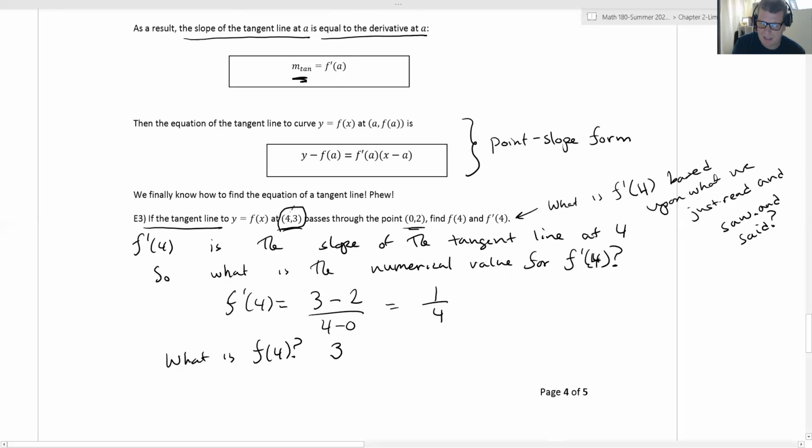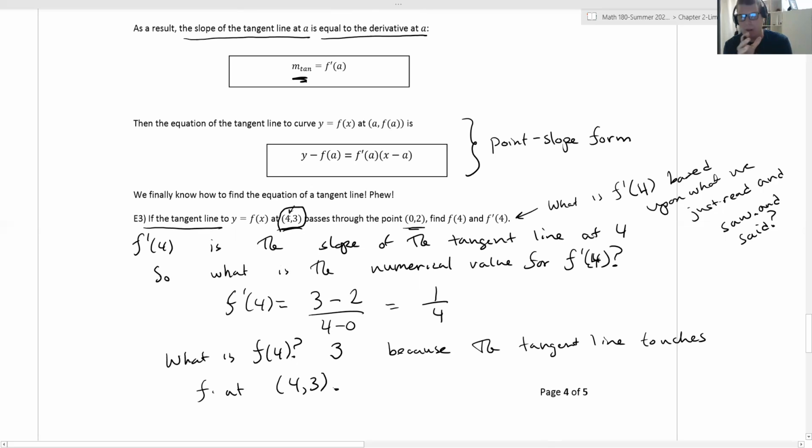Plug in x equals 4, you get out 3. Because the tangent line touches f at 4, 3. So 4, 3 is also on f. And consequently, because the tangent line touches f at 4, 3, we know that f of 4 equals 3.